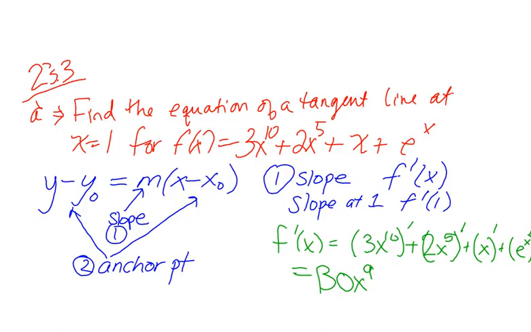Great. What is the derivative of x? 1. Right? The line like this, slope 1. What is the derivative of e to the x? e to the x, good job.